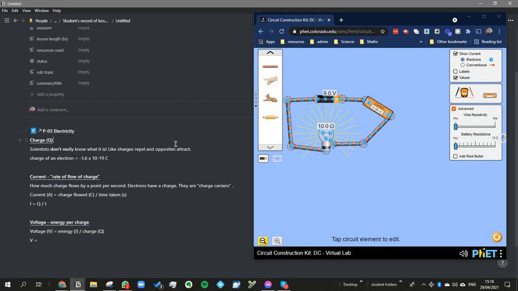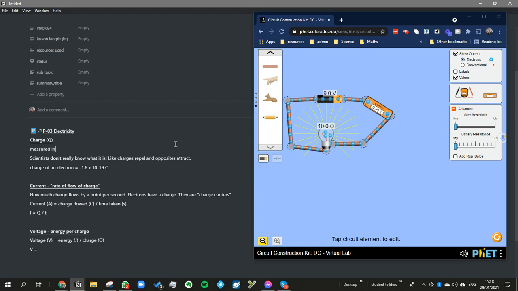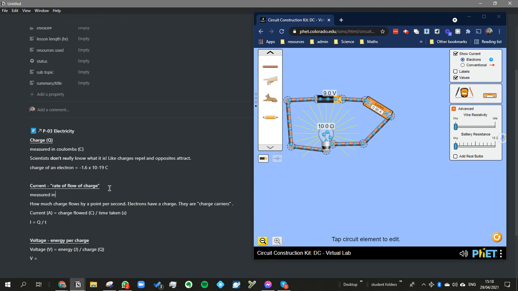Maybe we could add a couple more details then. We could say measured in coulombs, and that's a capital C. Current is measured in amps, which is a capital A. So that's the unit. And voltage is measured in volts, which is a capital V.